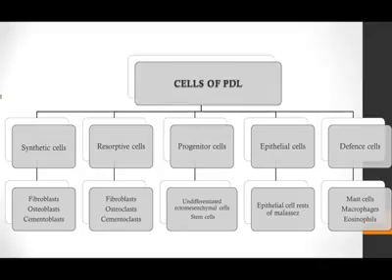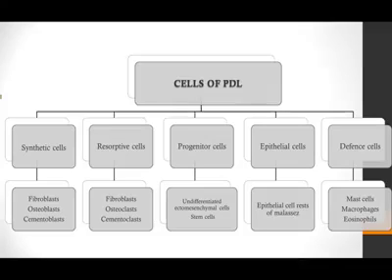So the synthetic cells that the PDL has are the fibroblasts that synthesize collagen, osteoblasts that synthesize alveolar bone, and cementoblasts that synthesize cementum. Then we have the resorptive cells, which consist of fibroclasts that resorb or degrade collagen, osteoclasts that also degrade bone, and cementoclasts that resorb the cementum.